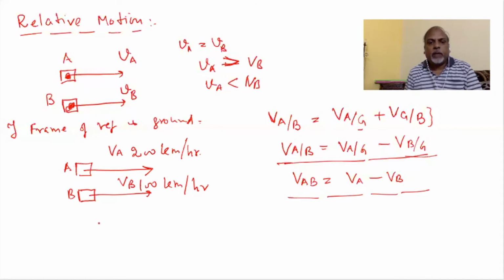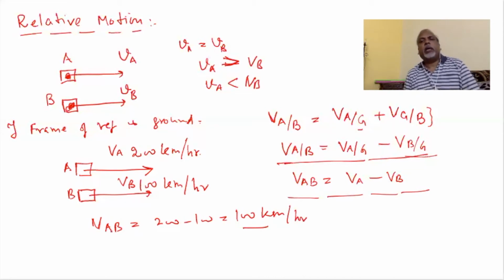So numerically, the velocity of A with respect to B will be nothing but 200 minus 100, which is equal to 100 kilometer per hour. Means a person sitting in car B will see that car A is moving with velocity 100 kilometer per hour with respect to him.